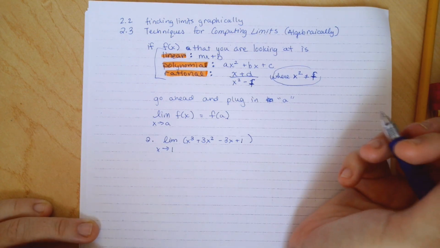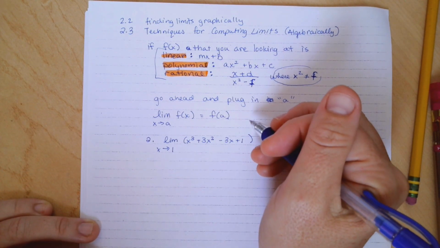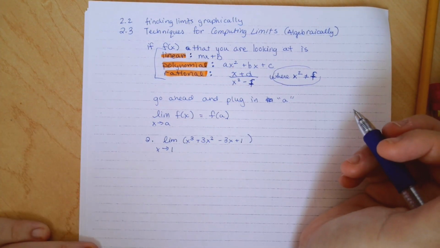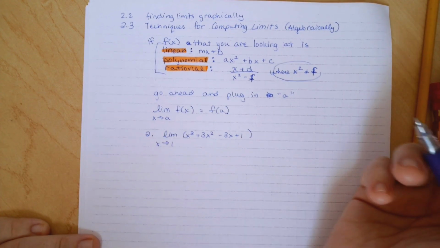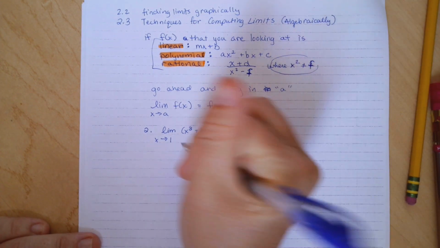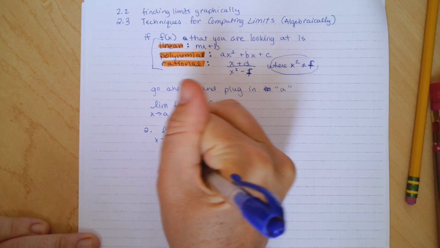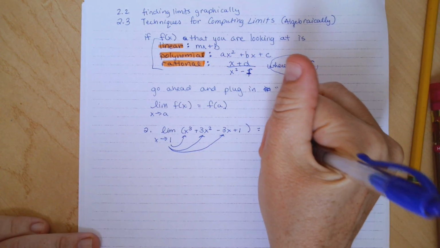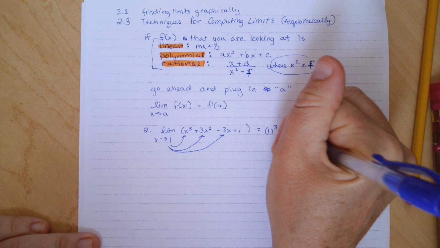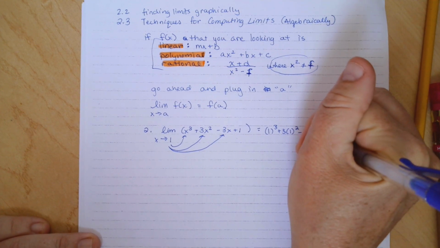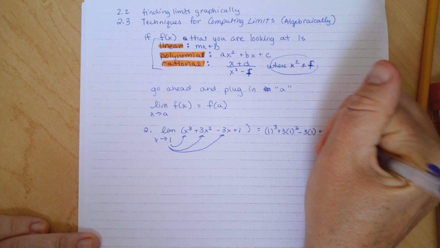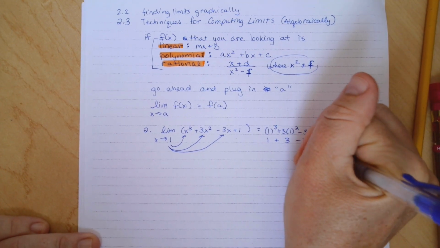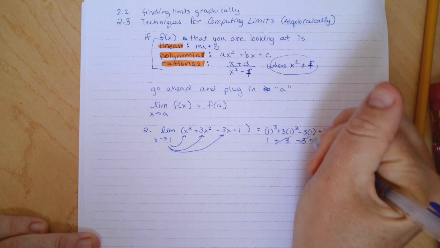So what do we do? Okay, so this is normal-ish, right? It's just a polynomial. There's nothing frightening going on here. So we are just going to go ahead and plug this 1 value in for all these x's, and so we're going to get 1 to the third plus 3 times 1 squared minus 3 times 1 plus 1, 1 plus 3 minus 3 plus 1, we get 2.